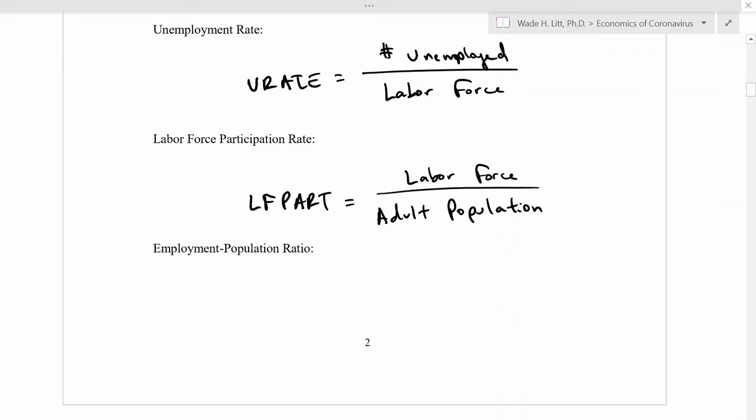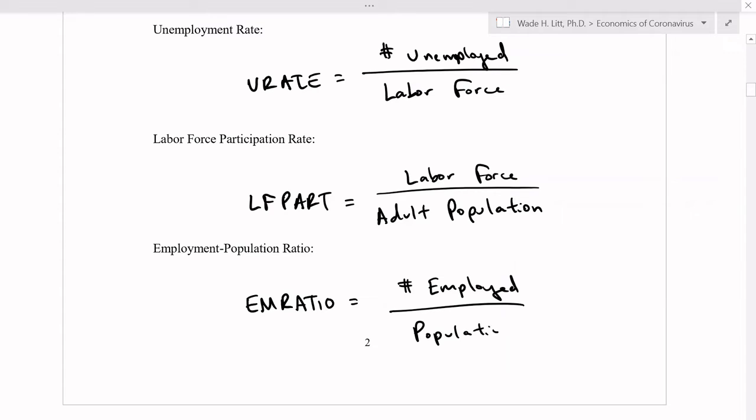And the employment population ratio is equal to the number employed divided by the population.